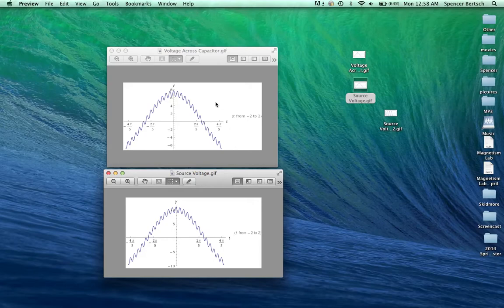The only difference, and this is exactly what you'd expect, is that the amplitude changes by 1 over square root of 2, and the square root of 2 is something like 1.41. So it's going to be a little bit smaller. So voltage across the capacitor, you can see that the amplitude is a little smaller. It's between 6 and 8, so 7 as opposed to 10, and that's what we would expect.